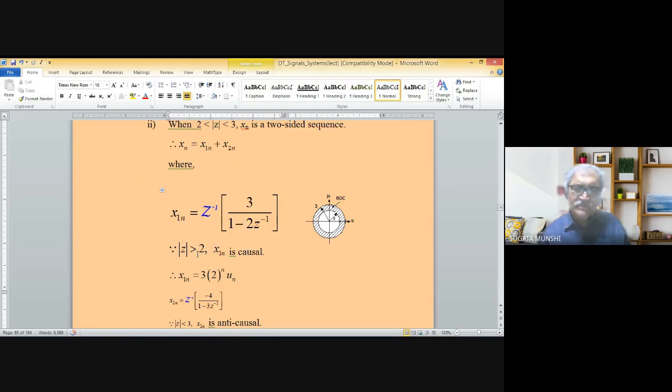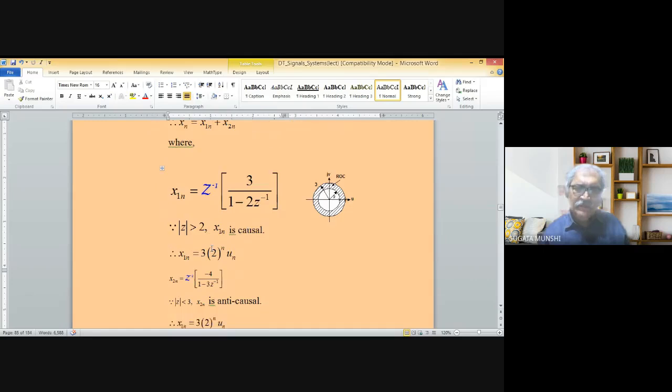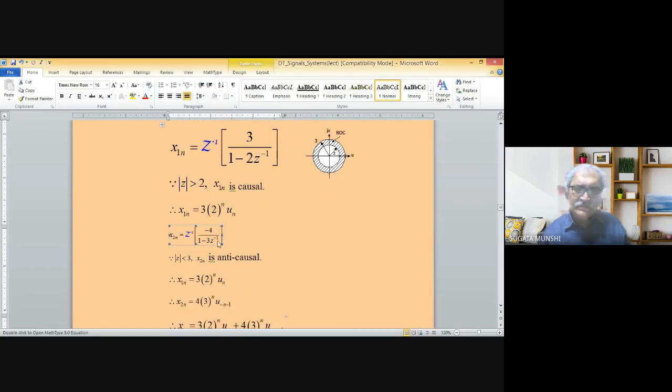Because magnitude of z is greater than 2, x1[n] should be a causal sequence. So what will be x1? 3 into 2 to the power n u[n]. What about x2[n]?